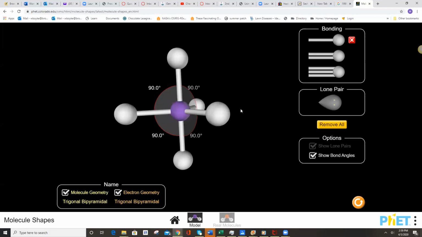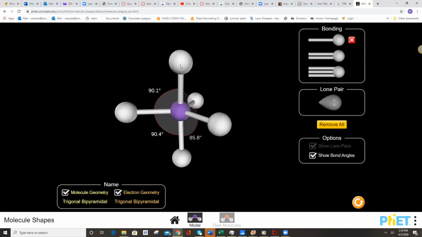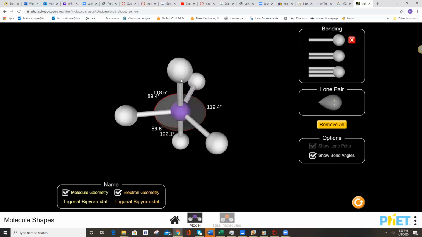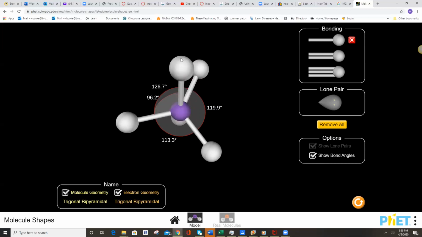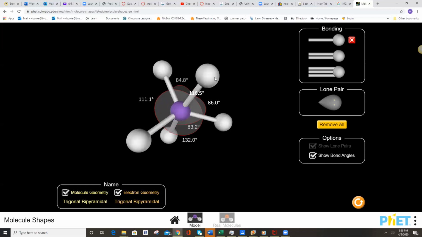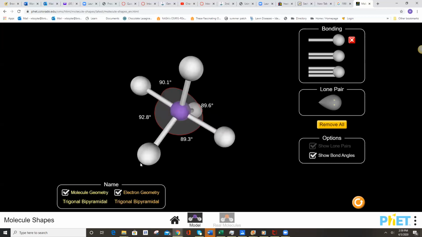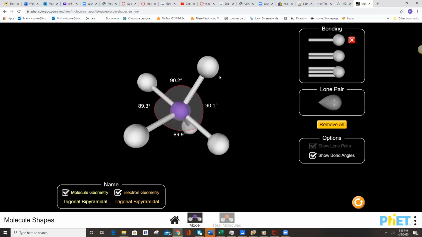If I try to show these bond angles as they're happening, first, now I'm looking at a top-down view. All the ones on the equator are 120 degrees apart. So now it's like we're looking at the very top of the molecule going straight down the axis. We have 120-degree bond angles. What we also have, let me reposition our molecule a little bit here.